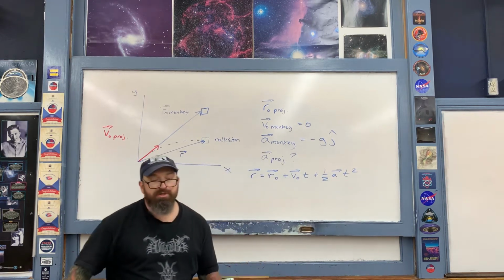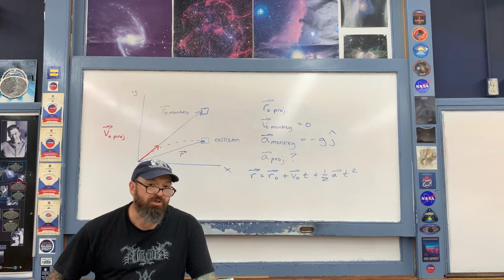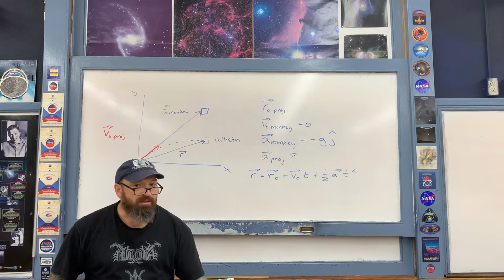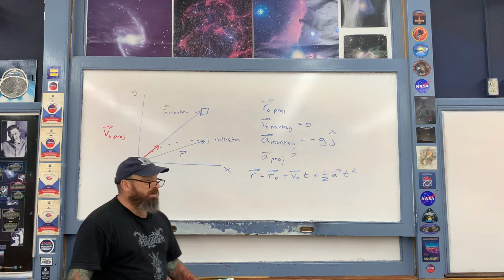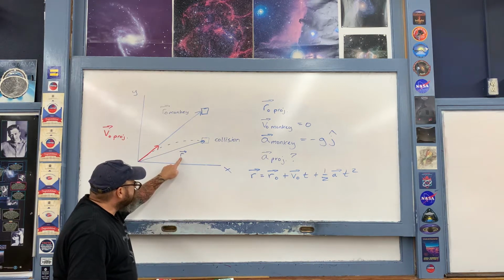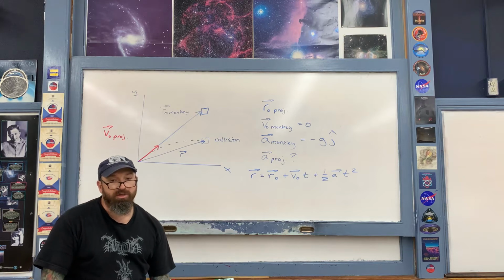What I'm going to do is write this equation for the two objects and then set the two equations equal to each other. I'll set them equal to each other because remember that both objects have the same final position r at the end of the demonstration when the two objects collide.